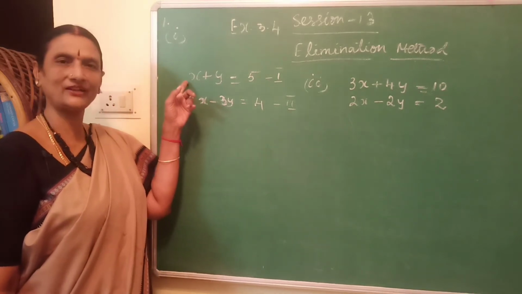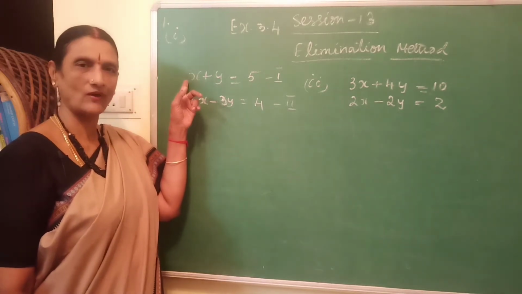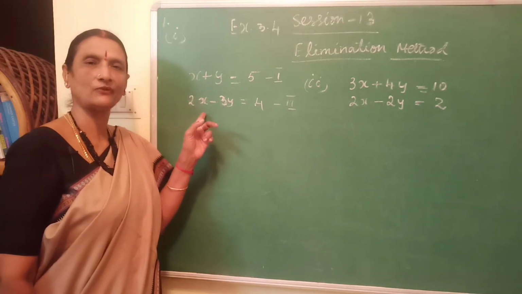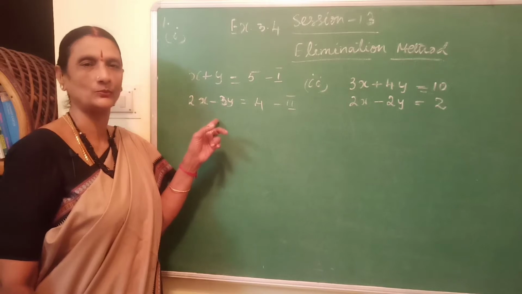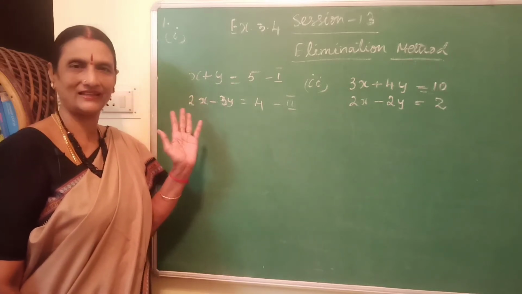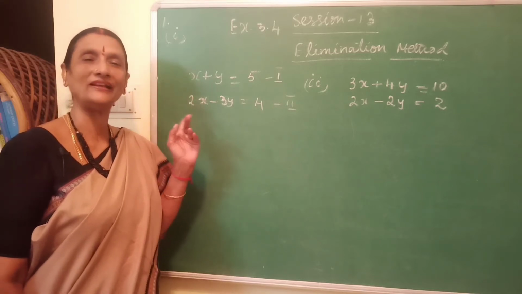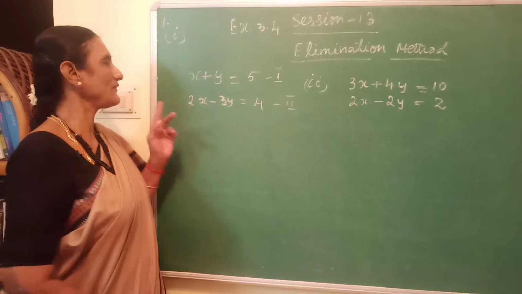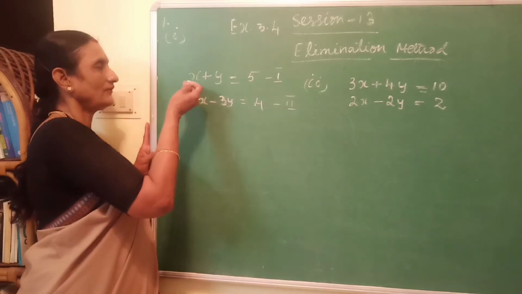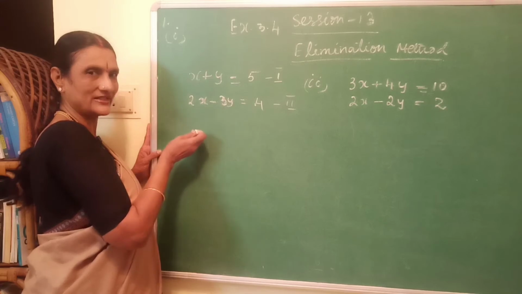The coefficient of x in the first equation is 1 and the coefficient of x in the second equation is 2. So, obviously, LCM of 1 and 2 is 2 only. Is that clear? So, always the LCM plays an important role here. So, we will be removing the variable x in both the equations.